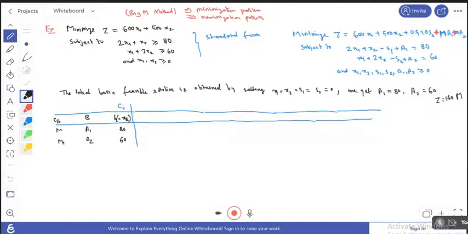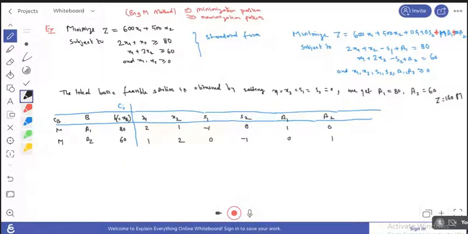Then cost of that is M, and here again M, and if we take here x1, x2, s1, s2, e1, e2, and here the equation, our first equation is 1 1 minus 1 0 1 0, and second equation is 1 2 0 minus 1 0 1.